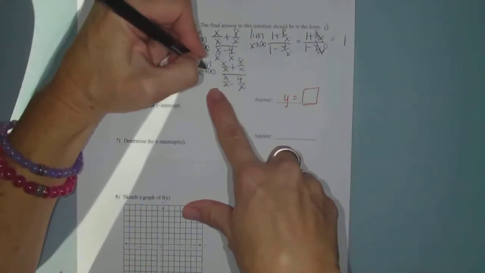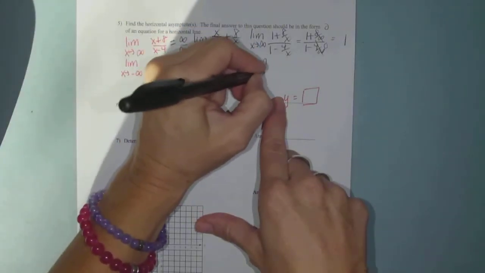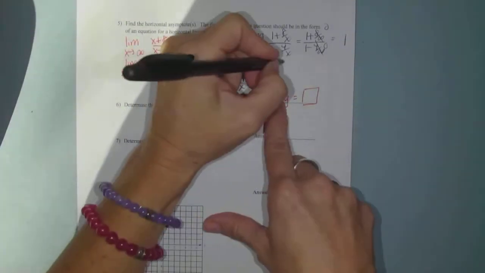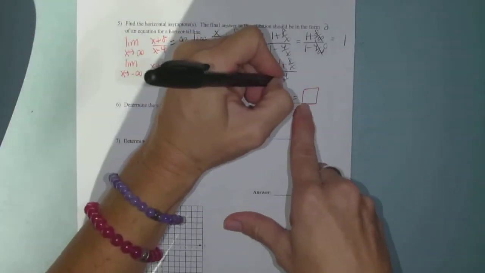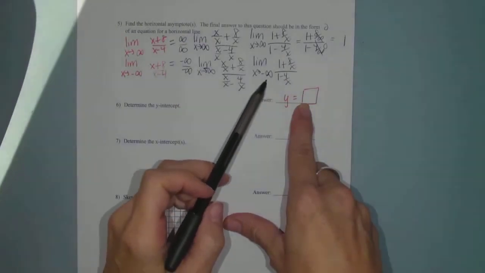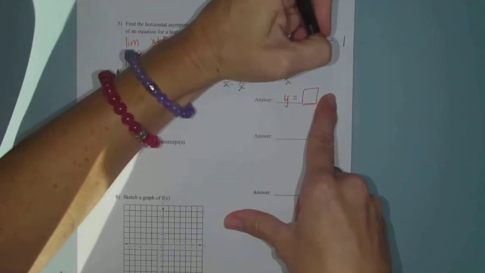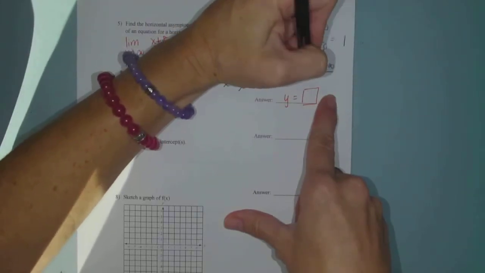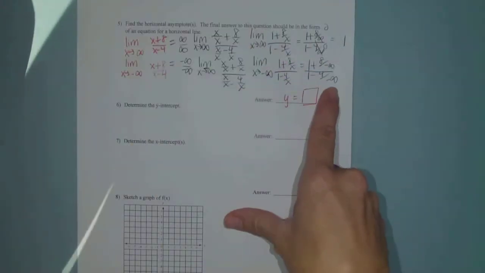By the way, here I'm approaching negative infinity. Limit as x approaches negative infinity. Reduce it. I get 1 plus 8 over x divided by 1 minus 4 over x. And now when I plug negative infinity into the function, I have 1 plus 8 divided by negative infinity over 1 minus 4 divided by negative infinity.